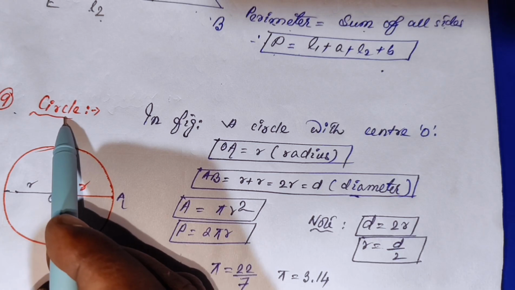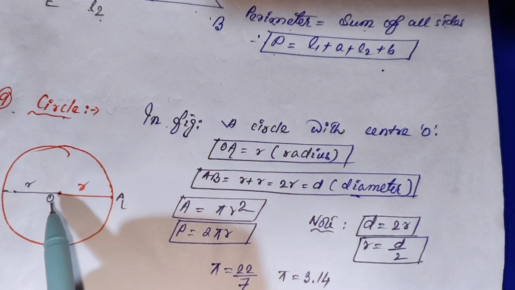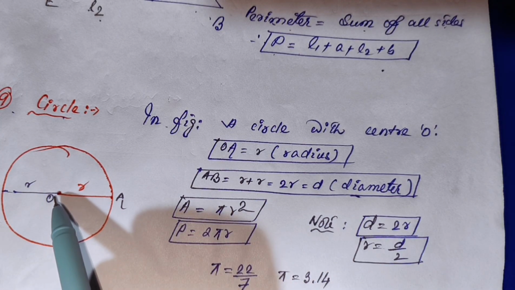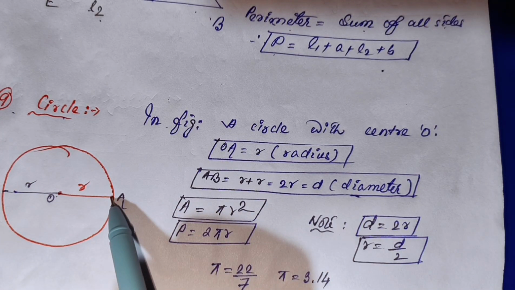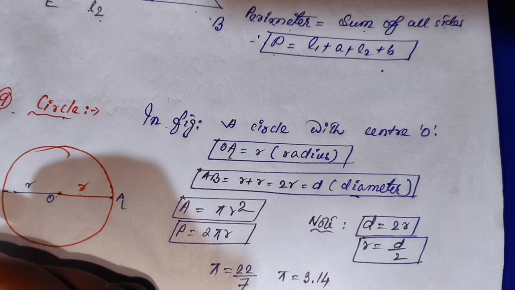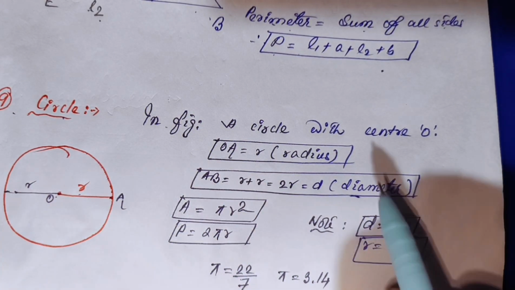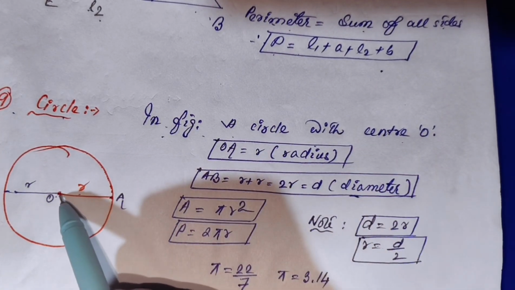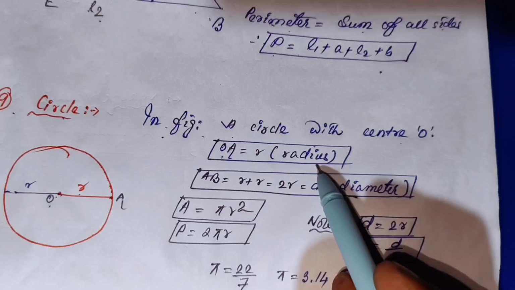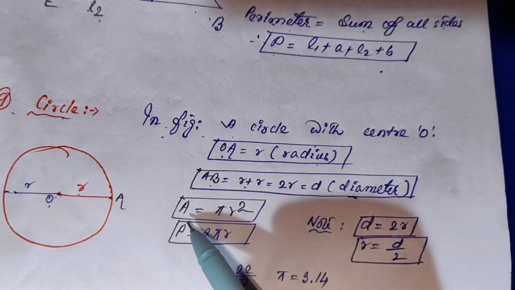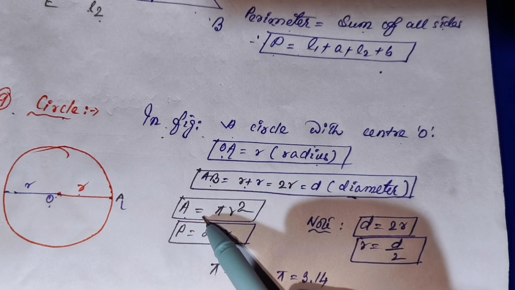9 number is circle. In figure, it is a circle where OA is radius, AB is diameter. In figure, a circle with center O, OA is radius, AB is diameter.